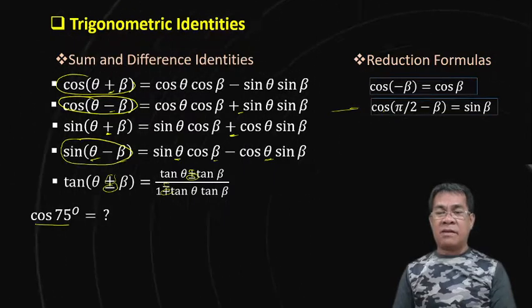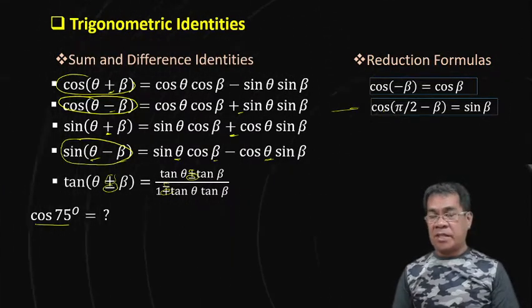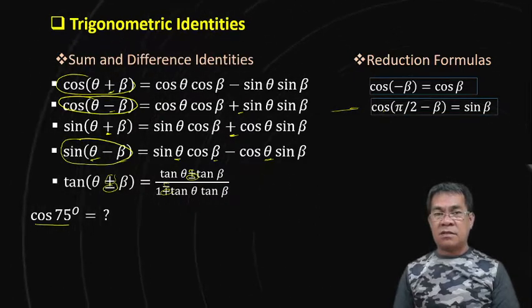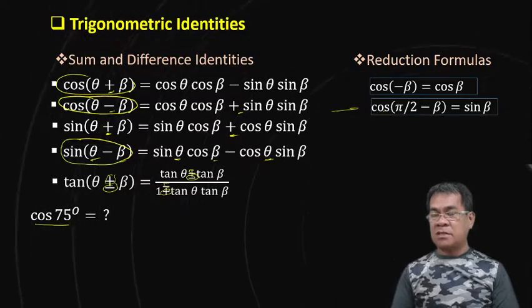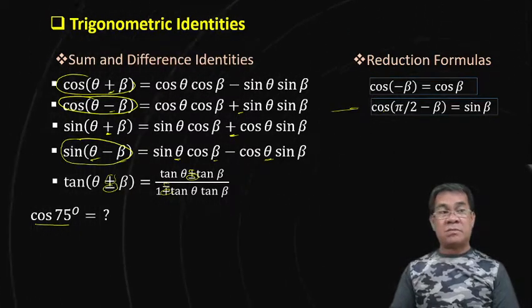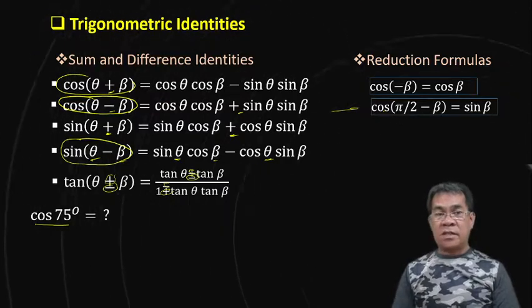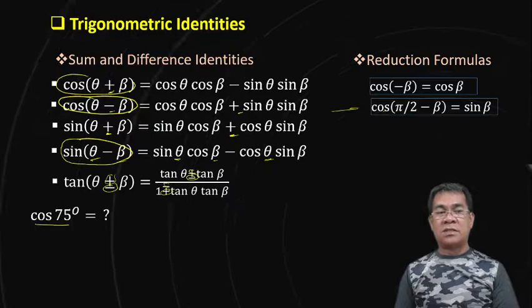Now remember, 75 is not a special angle. In our previous topic, finding the exact values, those exact values are of the special angles. For example, the tangent of 30 degrees, 60 degrees, those are special angles. The quadrantal angles that end on the axes are special angles.